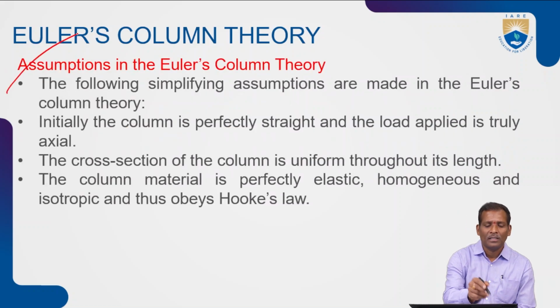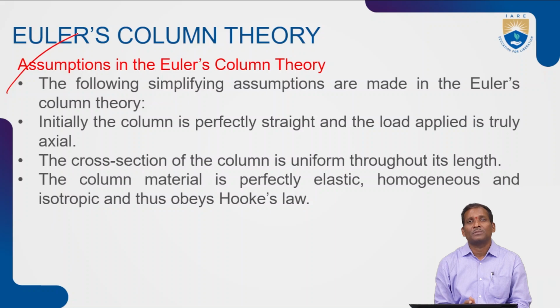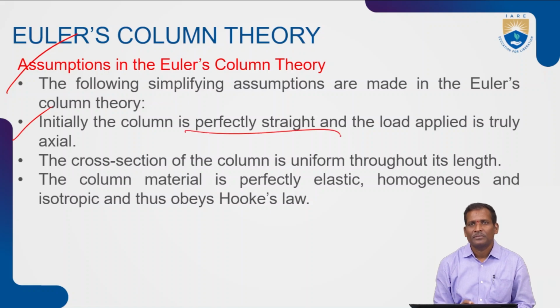Next, assumptions in Euler's column theory. The following simplifying assumptions are made while deriving Euler's column theory. One is, initially the column is perfectly straight and the load applied is truly axial load only. The cross section of the column is uniform throughout its length.